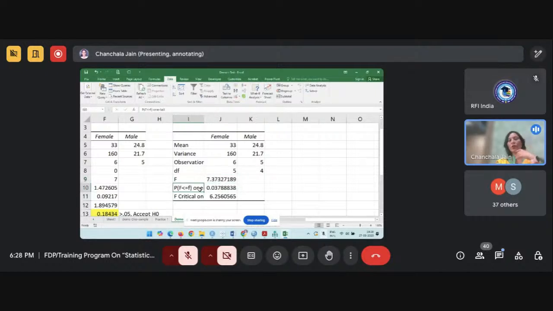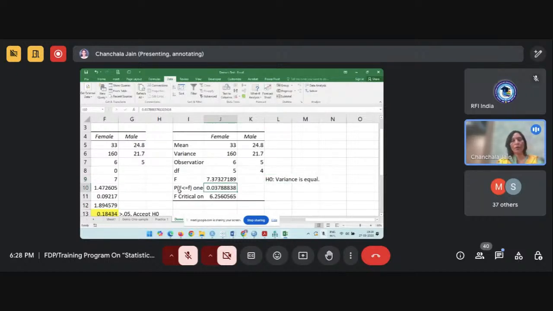In case of this F test, your null hypothesis will be variance is equal, right? Generally, we are formulating the hypothesis for the two-tail test.